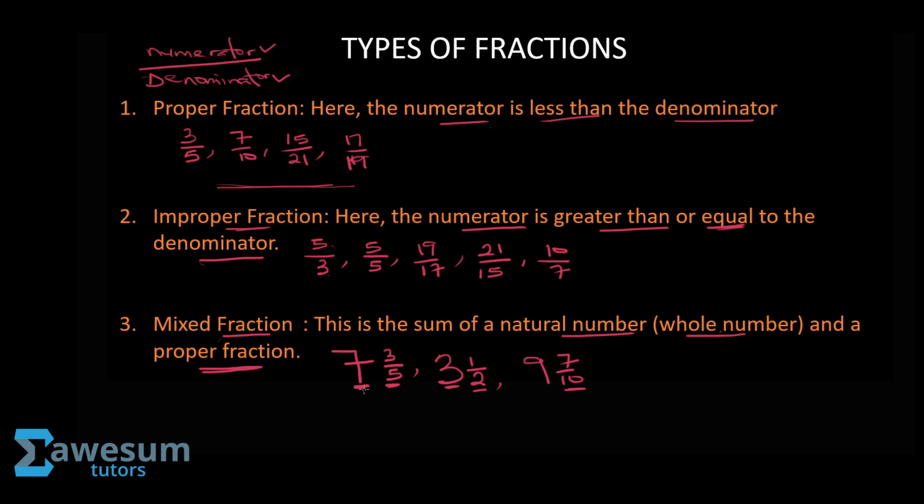Mixed fraction is a combination of a whole number and a proper fraction. Go ahead and list more examples of proper fraction, improper fraction, and mixed fraction. In the next class, we are going to be looking at addition and subtraction of fractions.